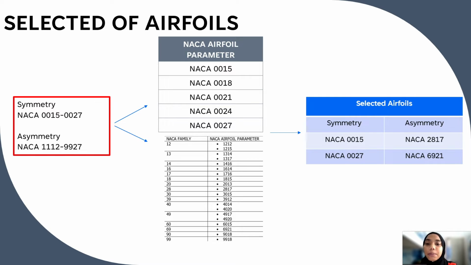Then the airfoils are shortlisted to 20 airfoils for asymmetric airfoils and 5 for symmetric airfoils based on their good L/D performance analyzed by the QBlade. For the final stage of selection, 2 symmetric airfoils and 2 asymmetric airfoils have been chosen to be used in the experiment in order to achieve the third objective of the study.